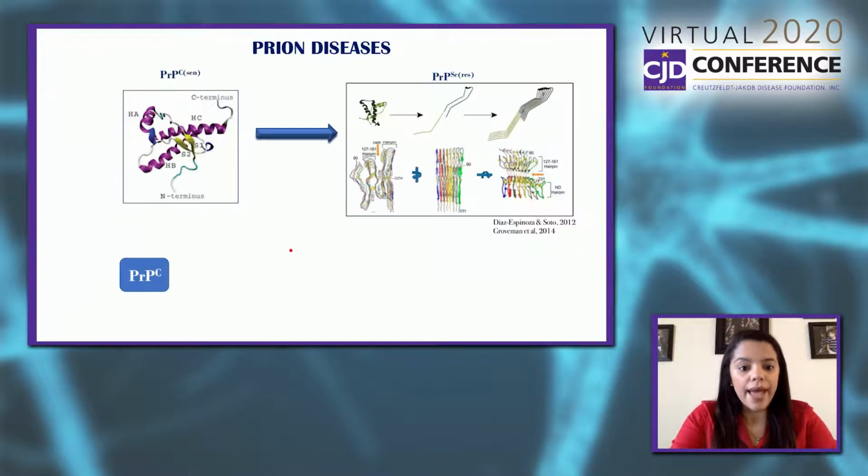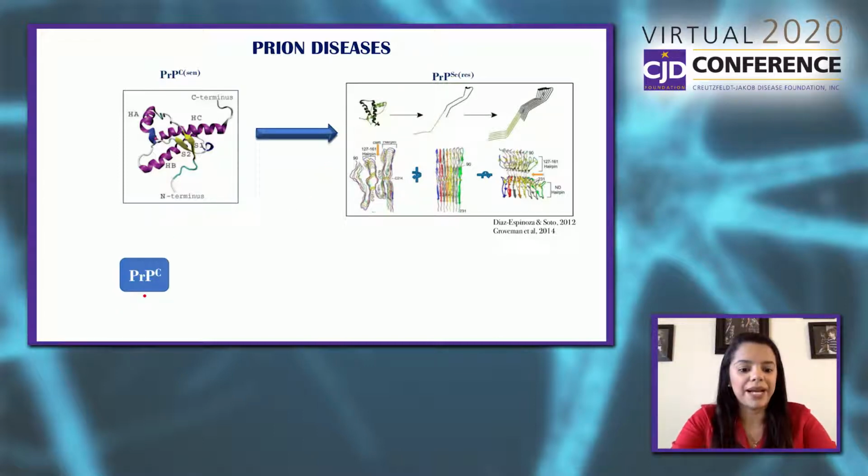So, as you all have heard, the main event in prion disease is the conformational change of the normal prion protein, which we call PrPC or PrP-sen, to the pathogenic isoform, which we call PrPSc or PrP-res.